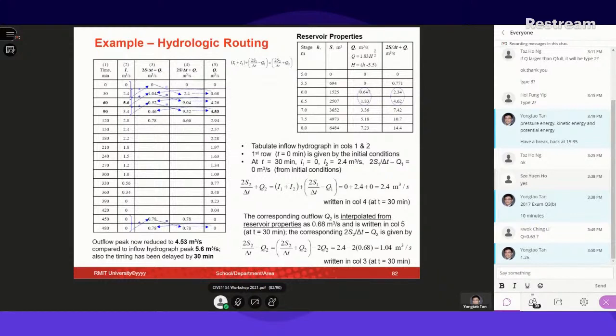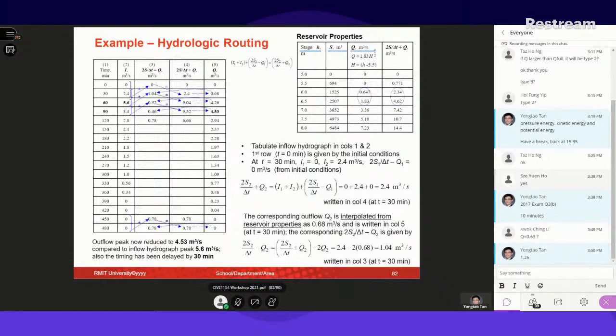Now this slide shows the hydraulic routing method. Firstly, we need the reservoir properties, listing the relation between the stage and the storage, and between the stage and the discharge.